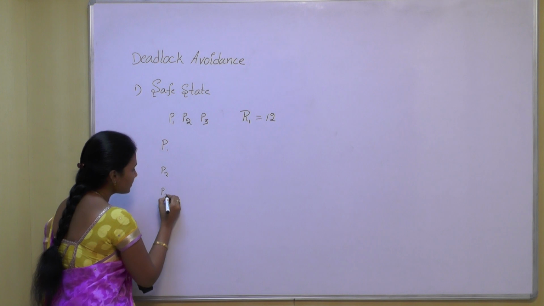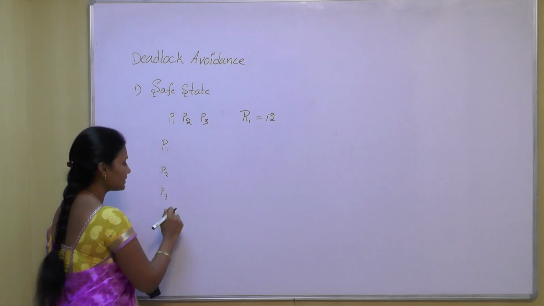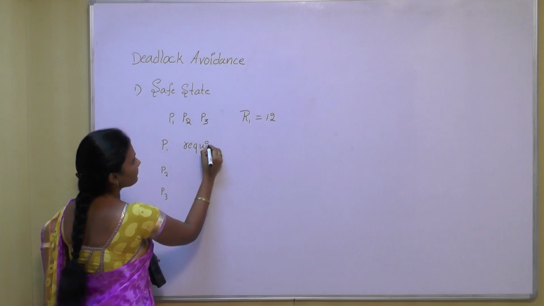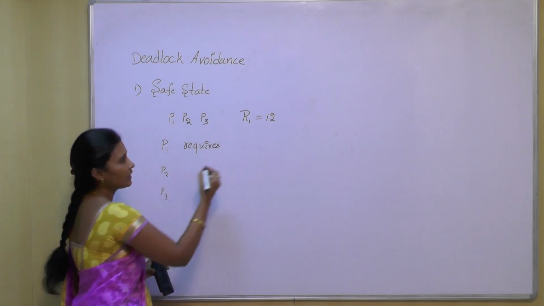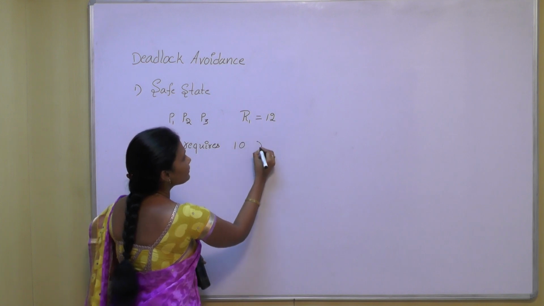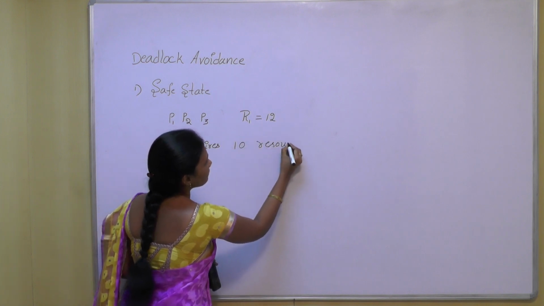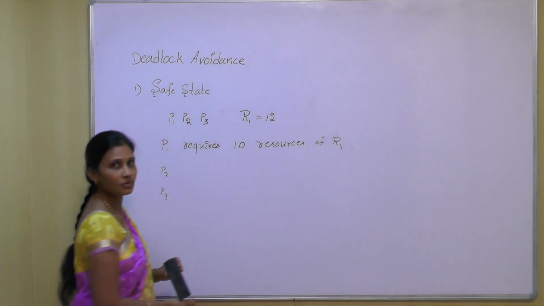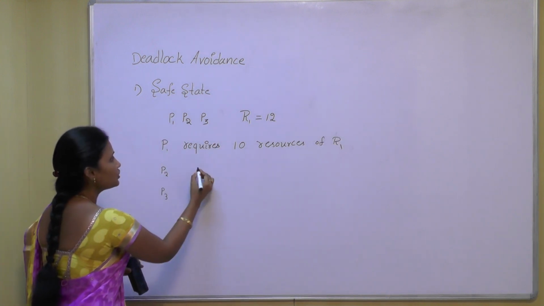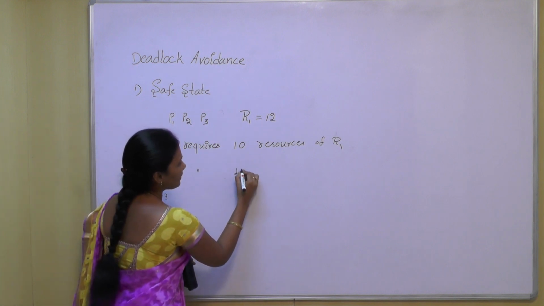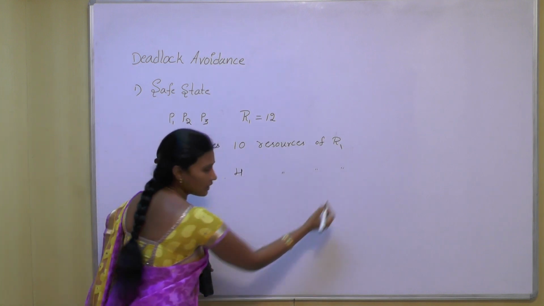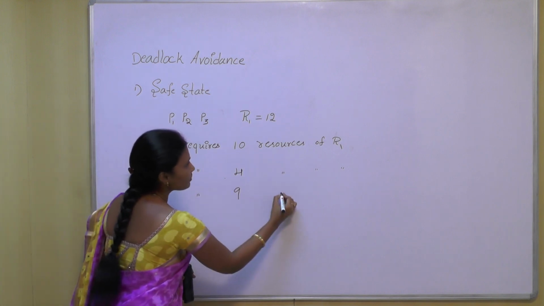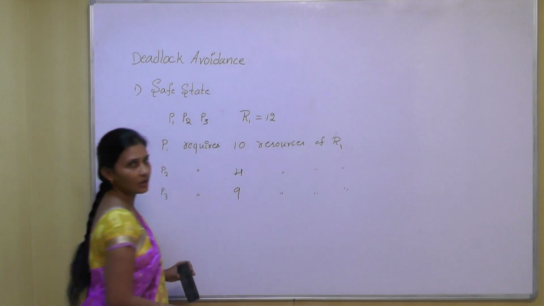Process P1 requires 10 resources of R1, process P2 requires 4 resources of R1, and process P3 requires 9 resources of R1.